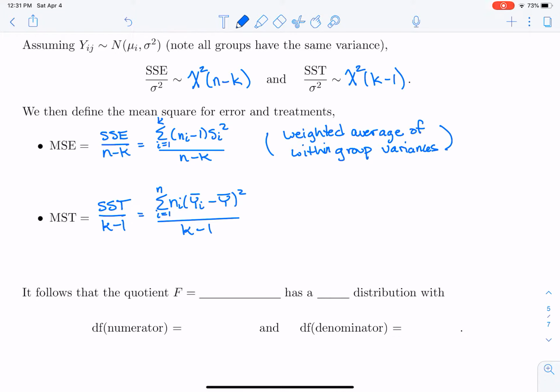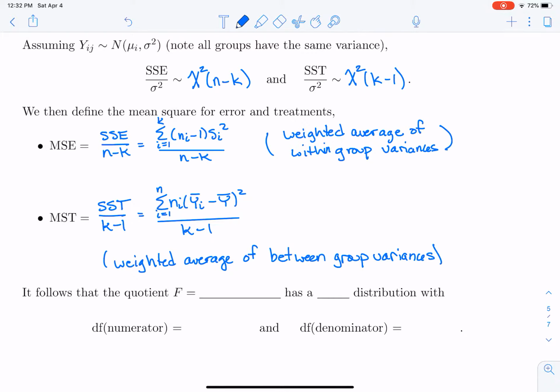Now that is actually going to be a weighted average of the between group variances. You can see that for each group, I'm taking the sum of the group size times the variance of that group mean minus the overall mean. And so that looks like a variance formula where I'm doing the variance here for the groups.